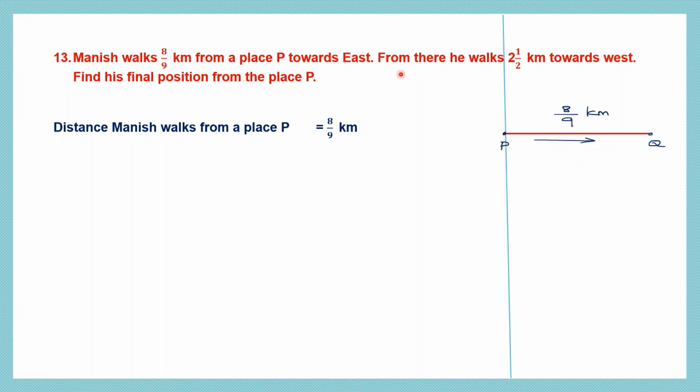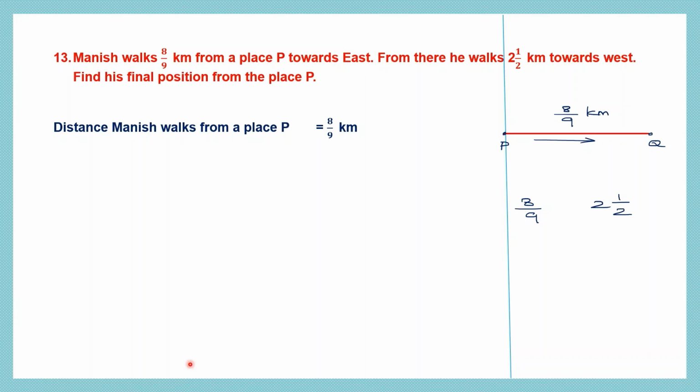Now here it says from there he walks 2.5 kilometers to the west. Now 2.5 kilometers, will it come before P or will it go beyond P? Now how do we find that out? We can find that out by comparing 8 by 9 and 2.5 kilometers. We need to see which is greater. Now why do we need to see which is greater?